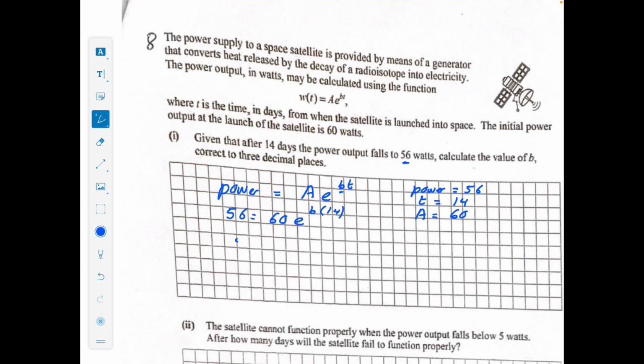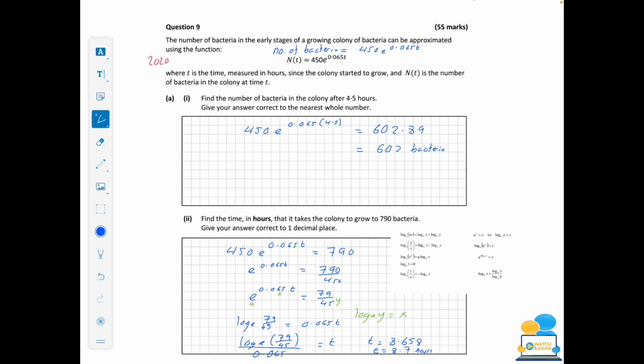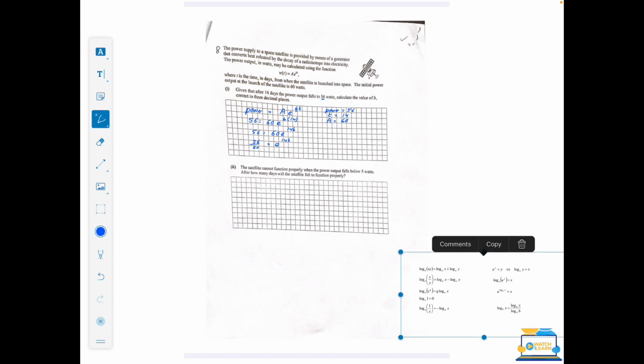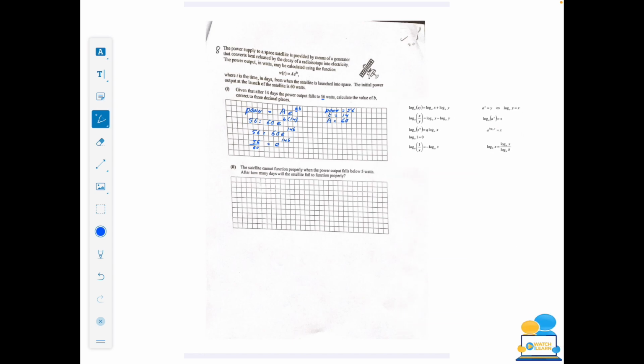So we'll have 56 is equal to 60 e to the power of b multiplied by t, which is 14. So 56 is equal to 60 e to the 14b. Very similar again. I'm going to get rid of that 60, so divide the 56 by 60. So 56 over 60 is equal to e to the 14b. Now, very similar again. I'm just going to get my formulas.